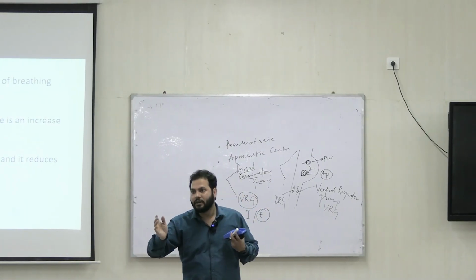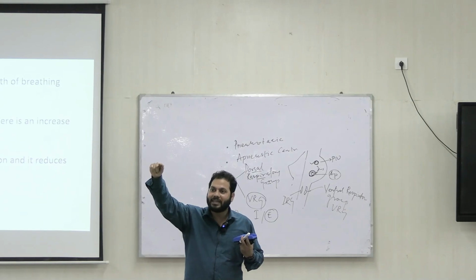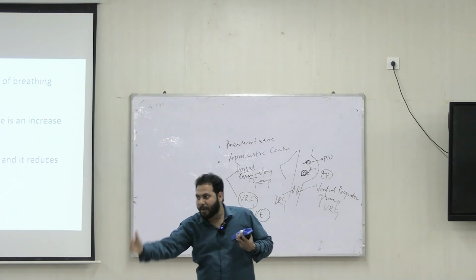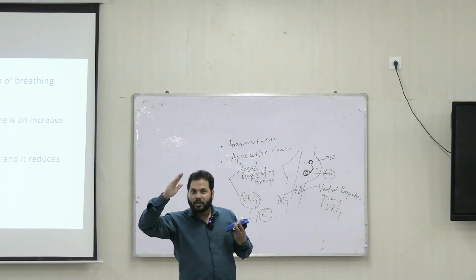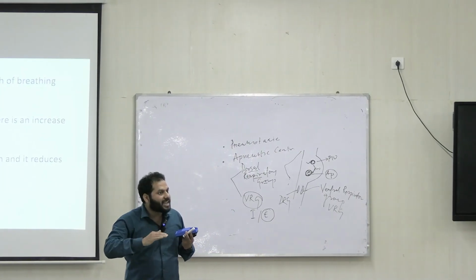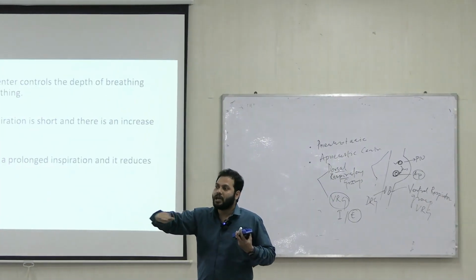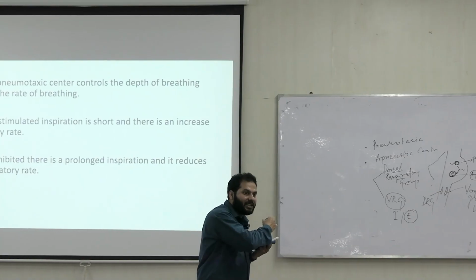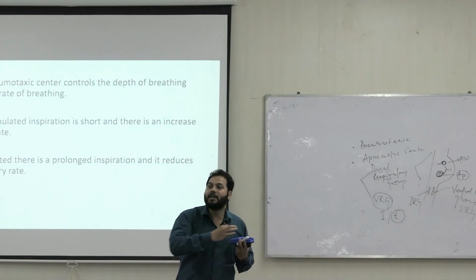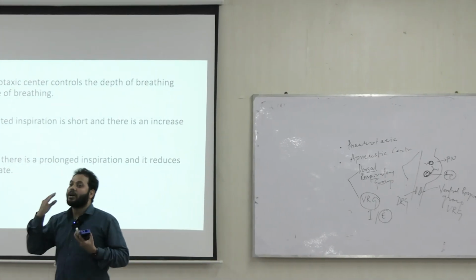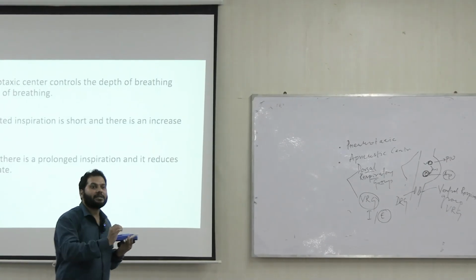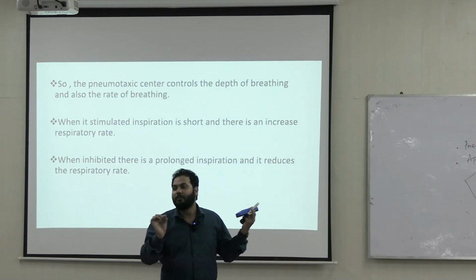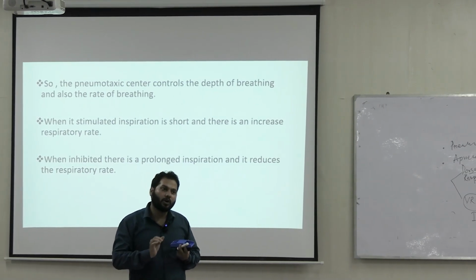Suddenly it declines, so this pattern of gradual incline, the inspiratory rate abruptly falls, and after that for 3 seconds it maintains expiration, and again the same thing continues. It is called ramp signals. These ramp signals are regulated by the rhythm center, the Pre-Botzinger complex, that is present in the dorsal respiratory group.